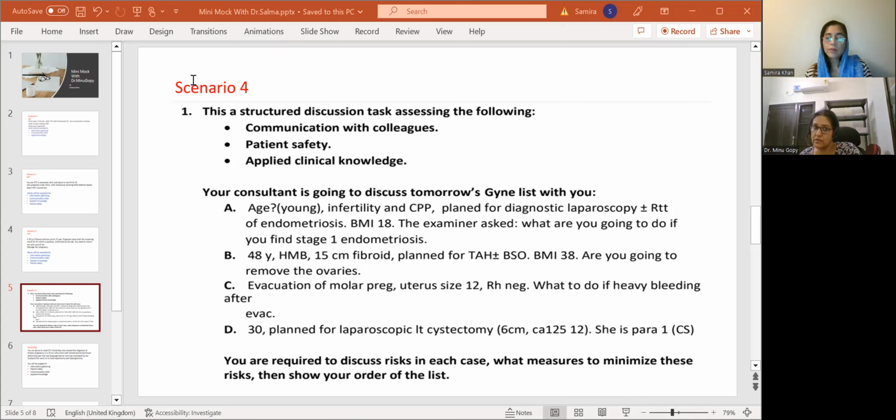And postoperatively, we need to assess her VTE prophylaxis based on her BMI and renal function. And what about if you give her a midline incision, for example, then what precautions do you need?